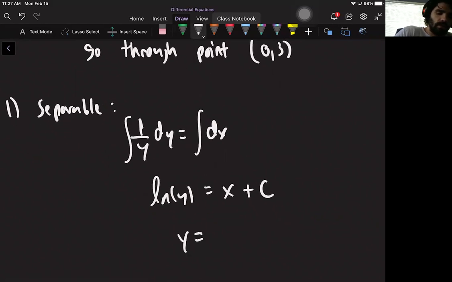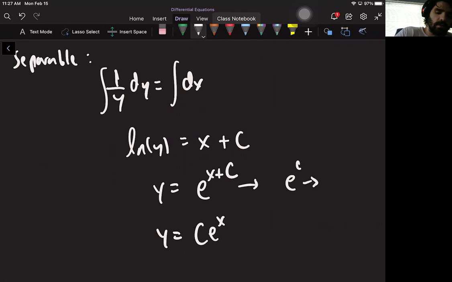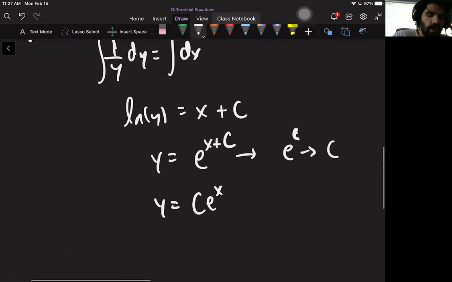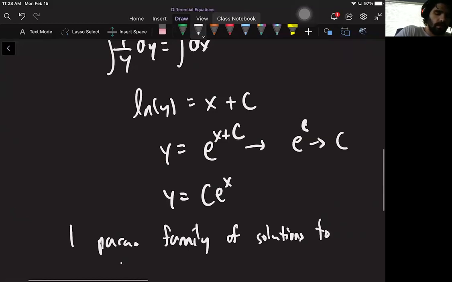Then we can exponentiate both sides to get y alone, and rewrite e to the c as just c. So e to the c is becoming c. In any case, this is a one parameter family of solutions. This is what we learned how to do already for the differential equation.